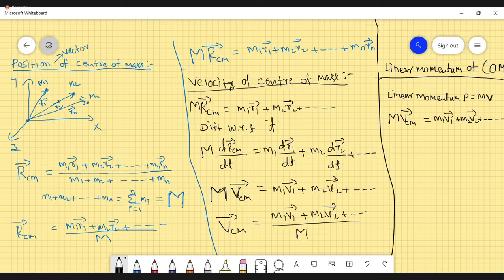Here M is the total mass and this is the velocity of the center of mass. M into V is nothing but momentum, so the momentum of the center of mass, P_CM, equals p1 plus p2 plus and so on. So this is the linear momentum of the center of mass.